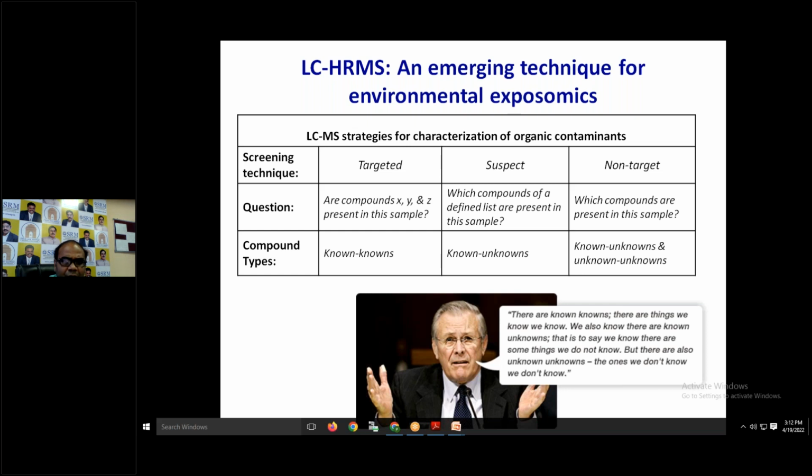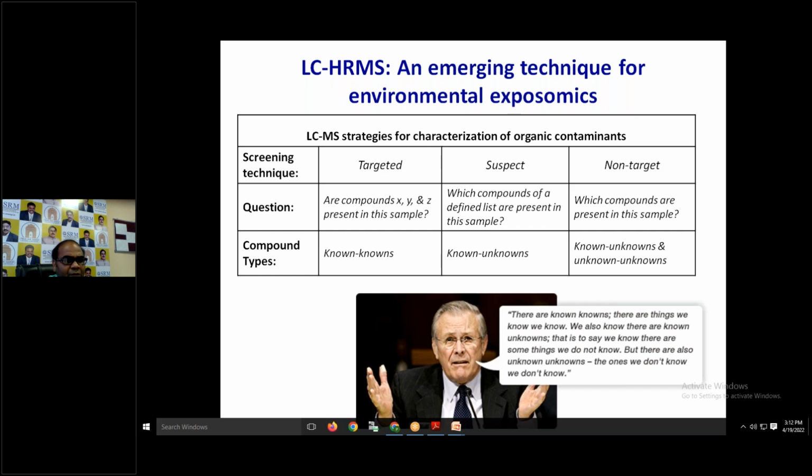In the target, we know X, Y, Z are present, and we need to identify them. In suspect, which compounds of a defined list are present in the sample? From the defined list, what is present in that sample, that we are going to suspect. And in non-target, which compounds are present in the sample?